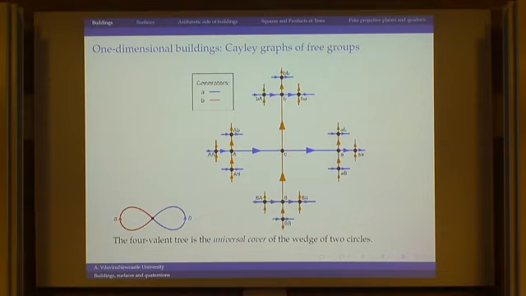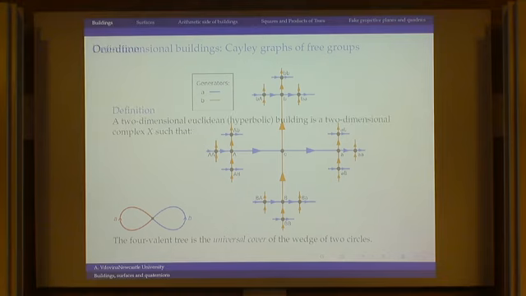Of course it looks completely trivial, but why do we talk about universal covers? I'm going to give examples of much more complicated objects such that their universal covers are buildings. In the one-dimensional case it works quite easily, but we will mainly work with buildings of dimension 2 today, and they will arise as universal covers of certain finite complexes.